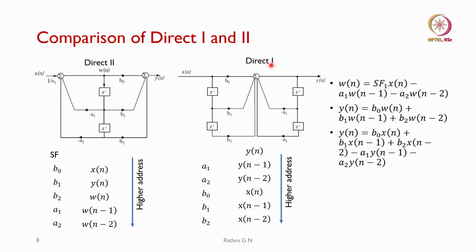When I see the direct form 1 structure, the zeros are in the feed forward, whereas the poles are in the feed backward stages. I need 5 coefficients in this case also, except that we need y of n minus 1 and y of n minus 2, the output, as well.